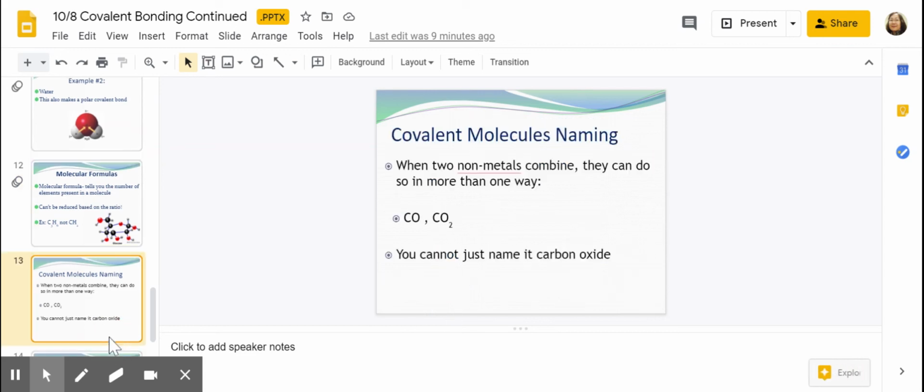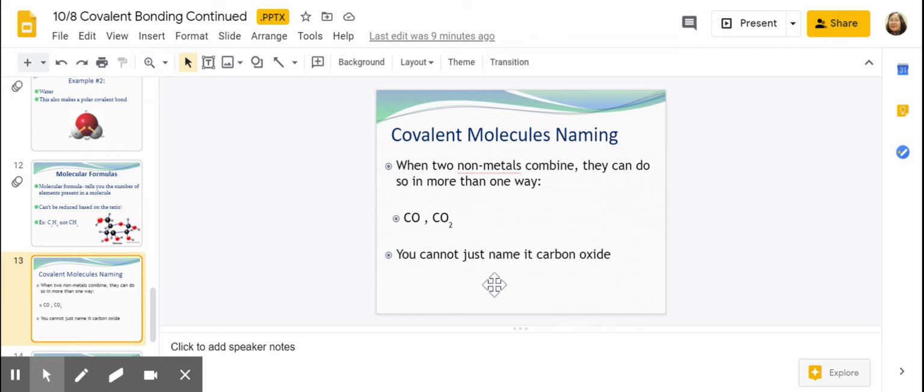And when we name it, again, because we cannot reduce it, two of the same type of nonmetals combined could form multiple ways. For example, carbon and oxygen can form two different kinds of molecules: 1 carbon and 1 oxygen, or 1 carbon and 2 oxygen. In this case, you cannot just call them carbon oxide.